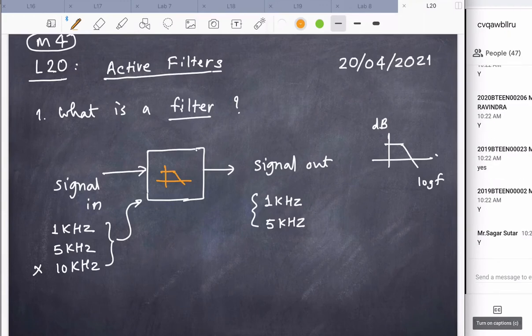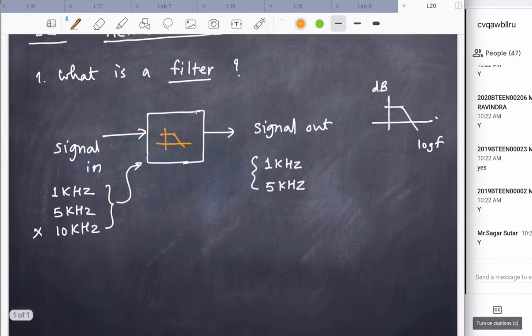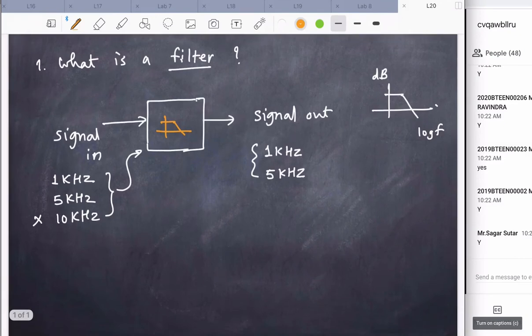Second question, first of all we understood what is a filter. So, filter is a circuit that removes some of the frequency components in the signal, right. Then second question is, why do we need it?